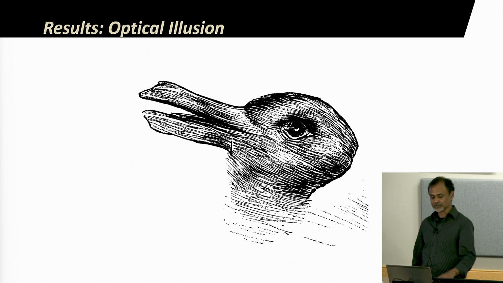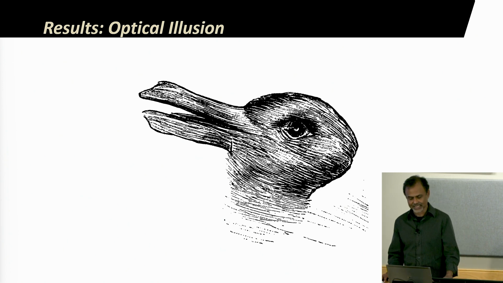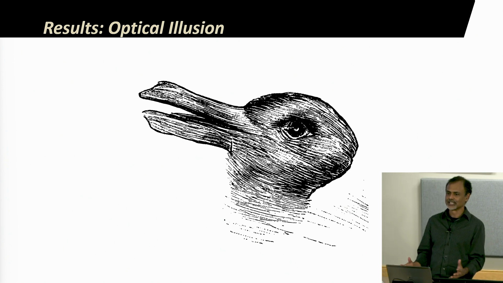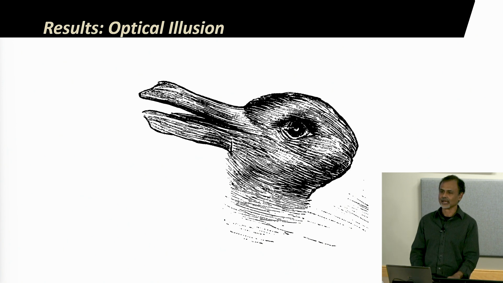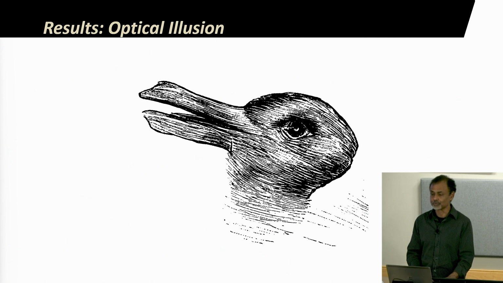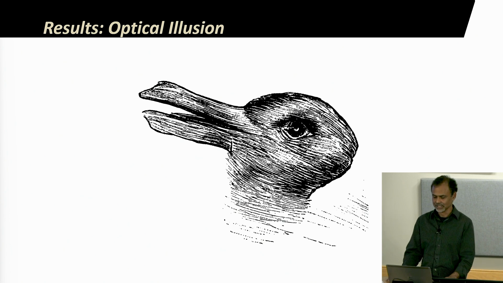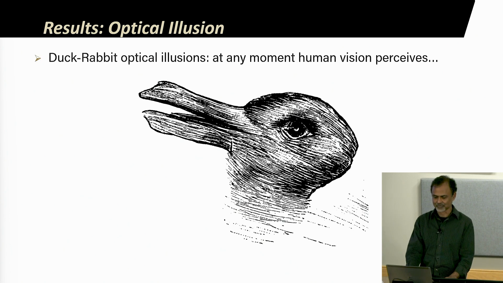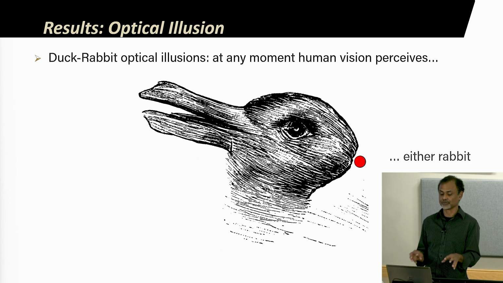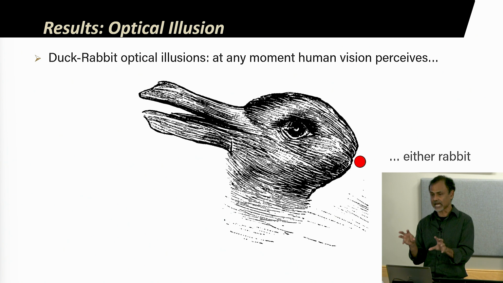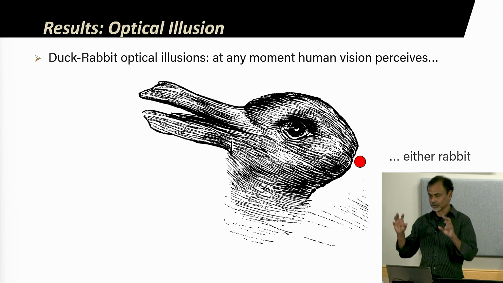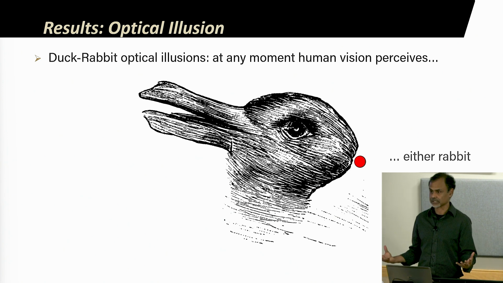If you look at this image, it's an optical illusion. It depends, of course, on where my glimpse starts. I'm either going to see it as a rabbit or as a duck. In this duck-rabbit optical illusion, if your focus starts on the right side and you grow your glimpses, you're going to see a rabbit.